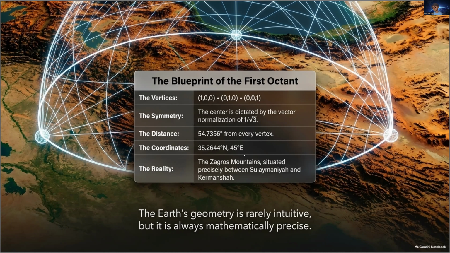Then we can measure the distance angle of 54 and 35, and the angle itself is the latitude. In reality, the Zagros Mountains are situated precisely between Sulaymaniyah and Hamadan. Earth's geometry is rarely intuitive and is always mathematically precise.